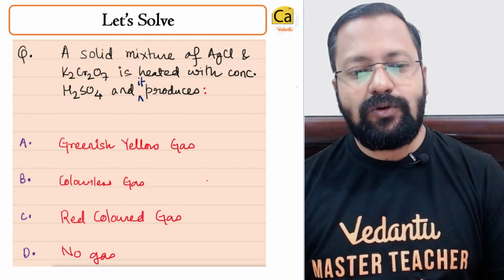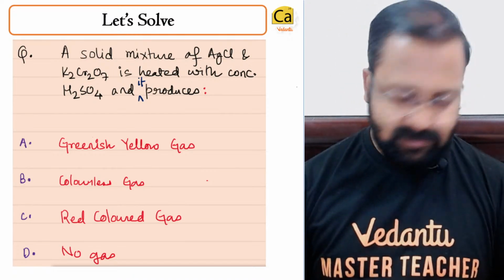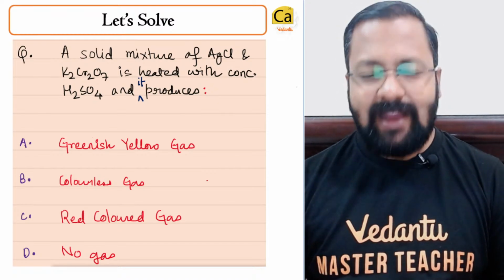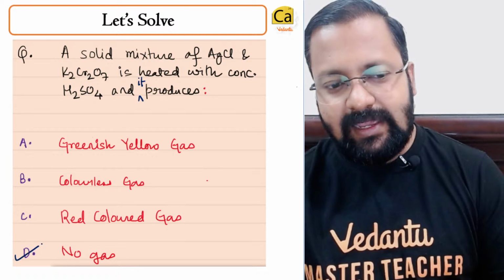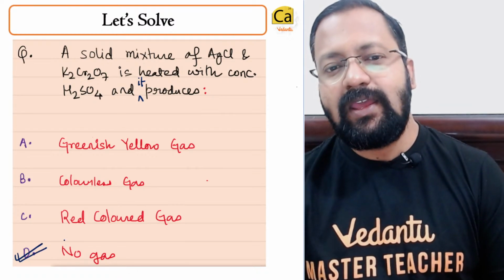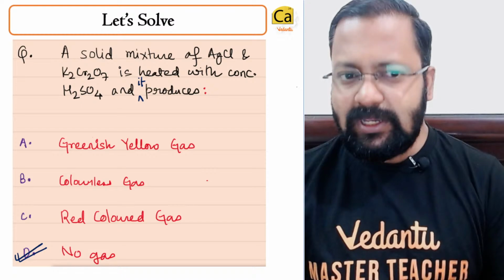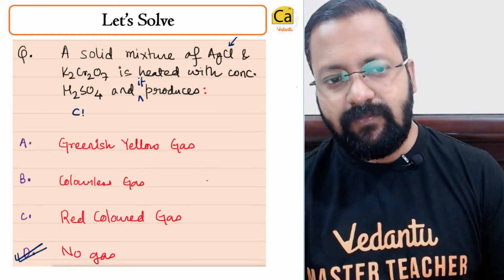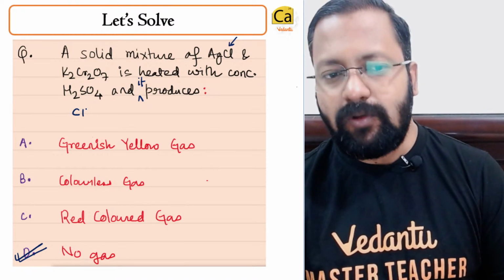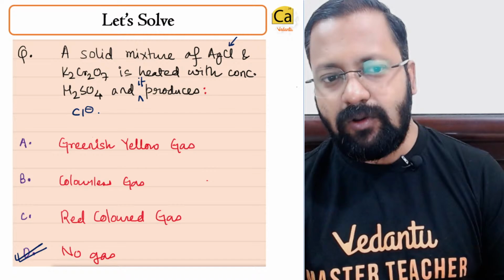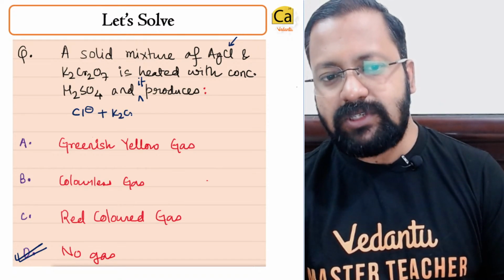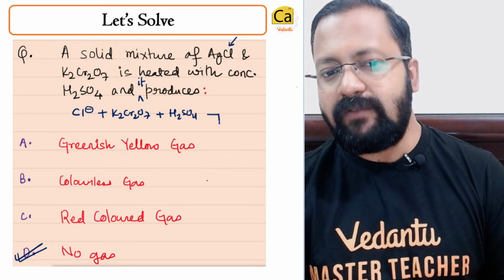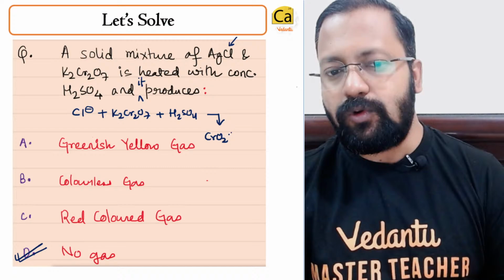Okay, so some people have given the answer. Akanksha has given the answer as A, Sneha has given the answer as C. The right answer is actually D. No gas will be evolved. It gives a very confusing result. Why? Because there's a chloride over here, and you would feel that it should react with K2Cr2O7 and H2SO4, and it should give red colored vapors of CrO2Cl2.